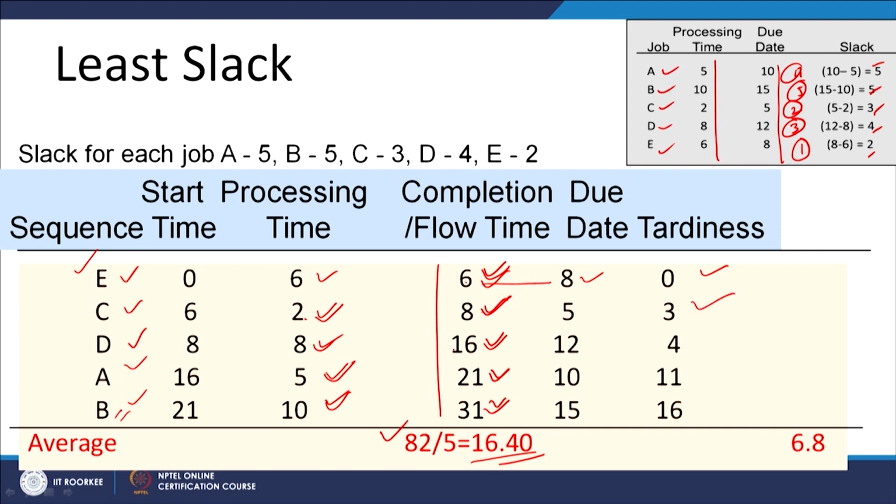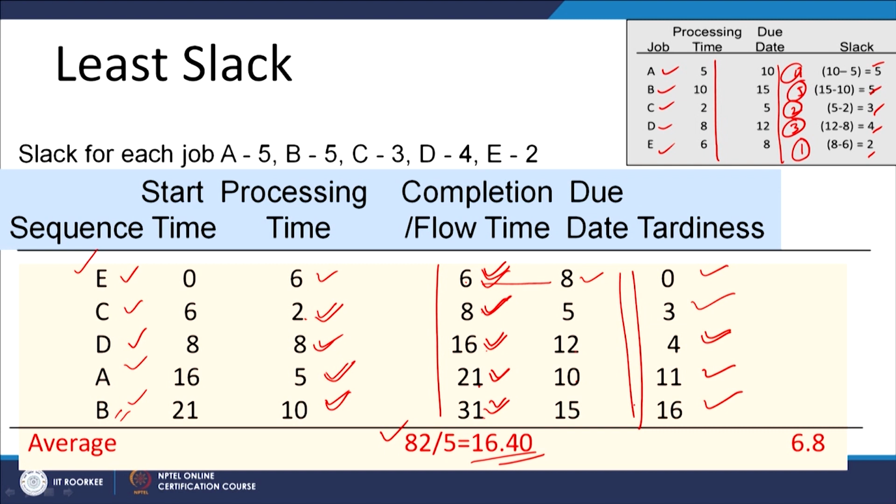The job is done here after 16 days and the due date is 12. So, the tardiness is 4 days. Likewise, the tardiness for job A is 21 minus 10, 11 days, and for job B 31 minus 15, 16 days. So, that is how we get that.